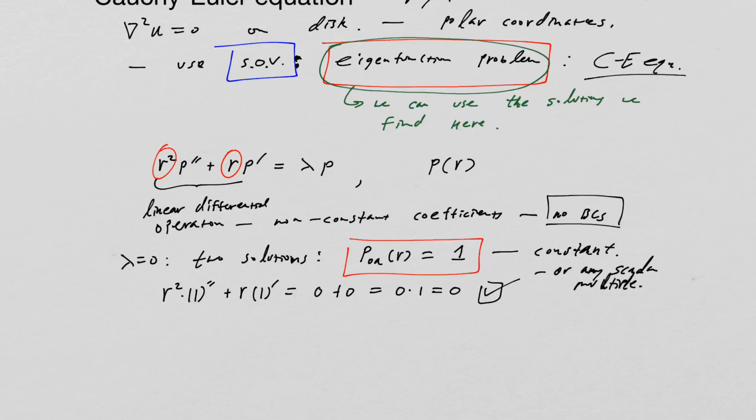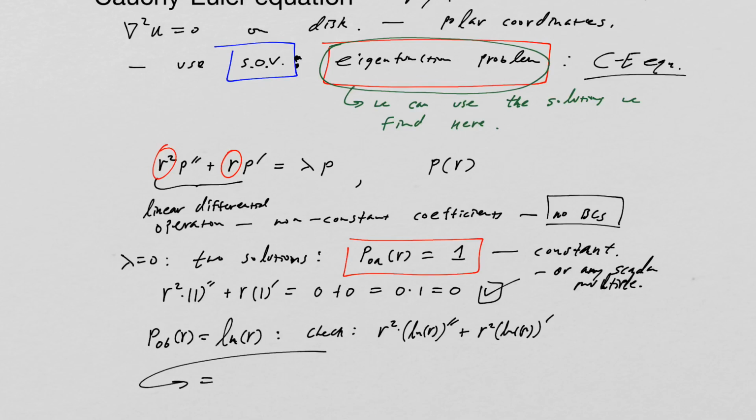All right, so we've got our first solution here. Now let's go and check out another one. So there's one more. We'll call it P0B of r, and it's equal to the natural log of r. All right, so this one's more interesting. Let's go check it. So we're going to have r squared times natural log of r double prime plus r times natural log of r single prime.